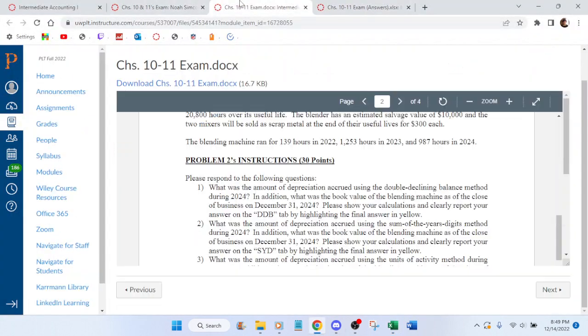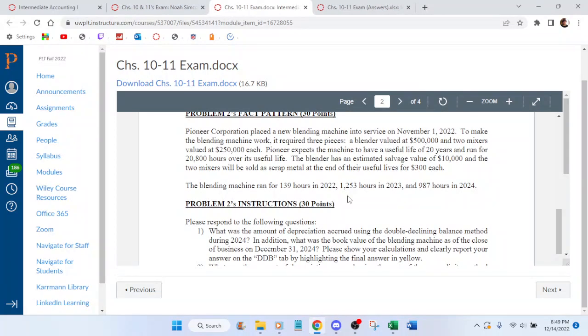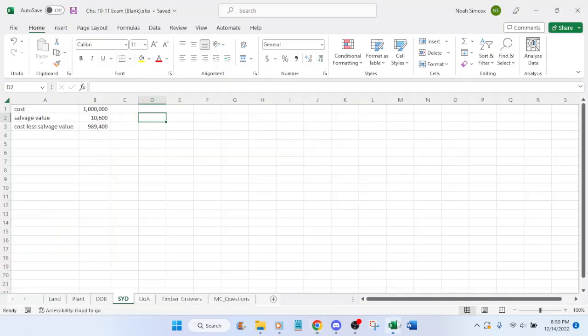The depreciation goes from 2022 to 2024, but it's partial years. 2022, 2023, 2024.